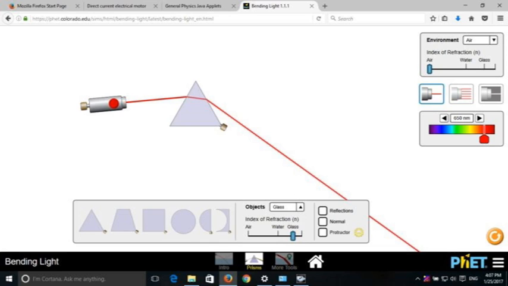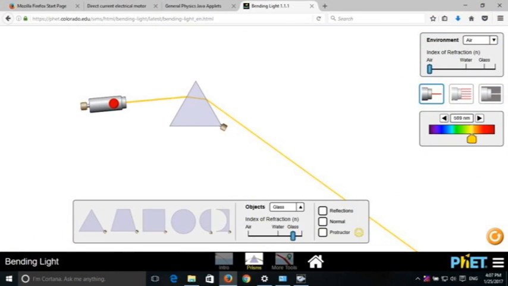It's interesting to note here what happens if I change the wavelength. You know that it's about 4000 angstrom units to 7000 angstrom units, or when you measure in nanometers, it's about 400 to 700. So I want to change the wavelength, and that is going to change the color of the light.